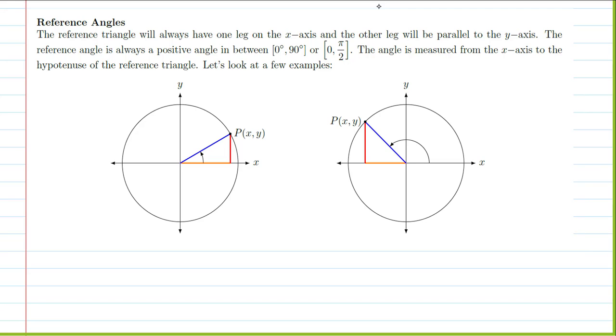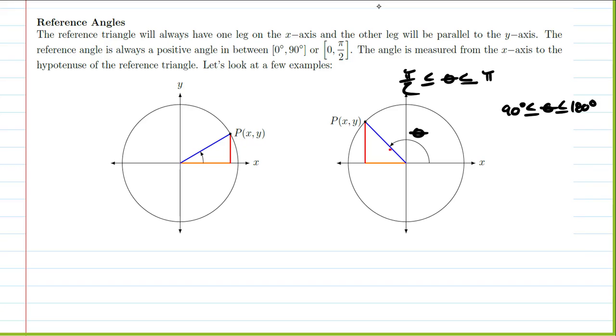So in quadrant 2 over here, if this is our angle theta, theta is less than pi but greater than pi over 2, or the same thing, it's bigger than 90 degrees but less than 180 degrees. So that's our angle theta.